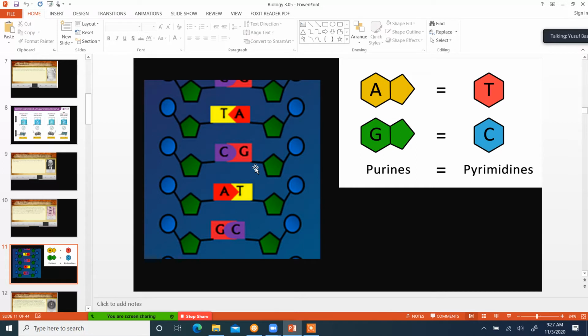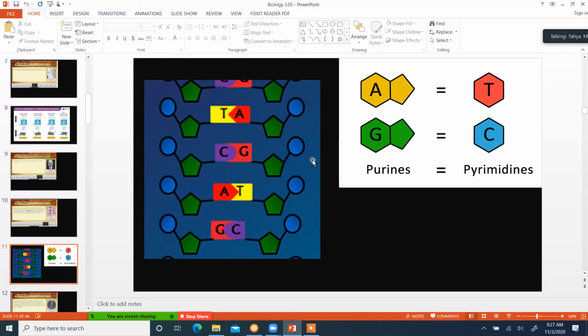These are called nitrogenous bases. Right. And look at the next one, G and C. So it's always A and T, G and C. There's never A and C or A and G, nothing like that. That's always what it is.